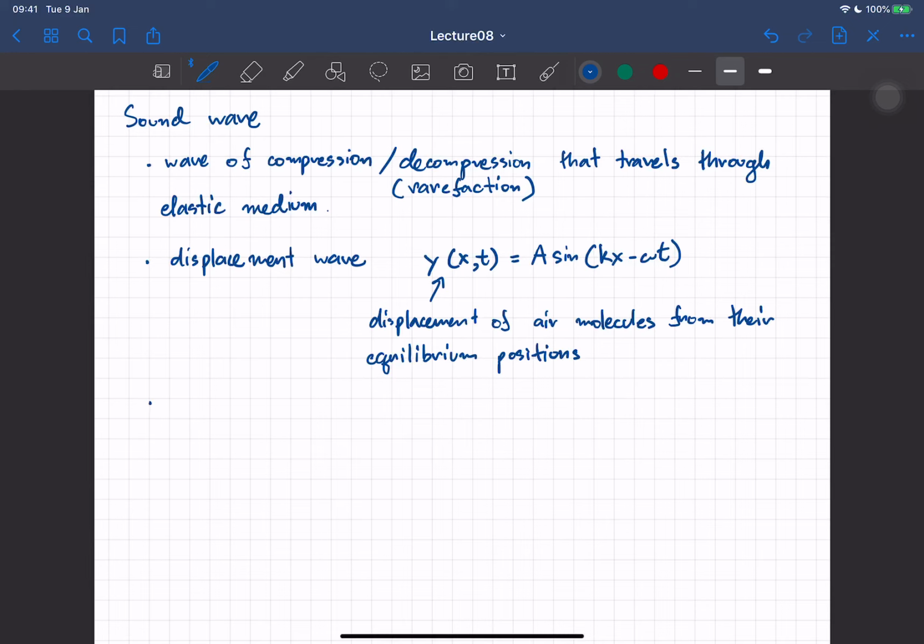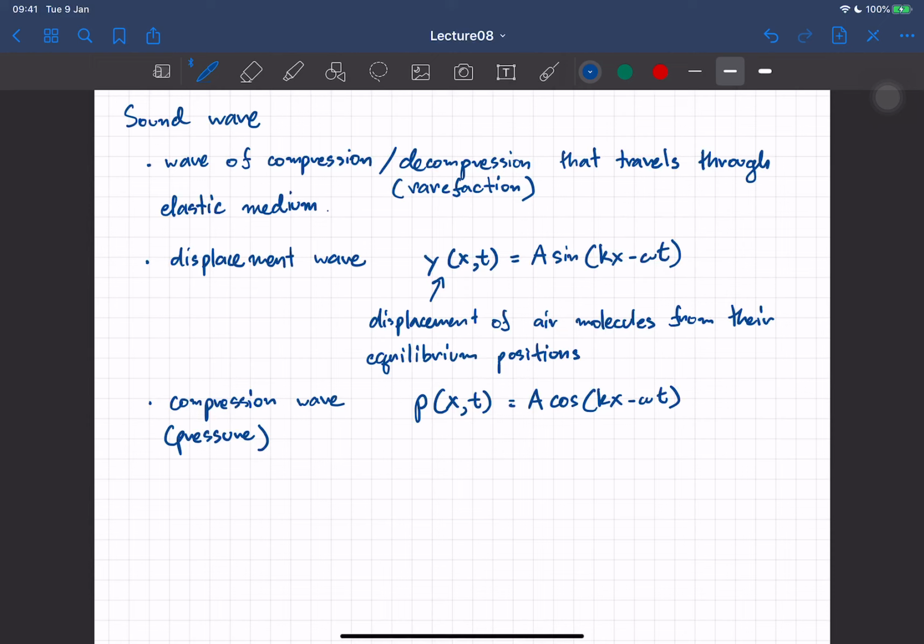Or you can use what we call the compression wave or pressure wave. We can write it in terms of p(x, t), and that's going to be A cosine(kx minus omega t).